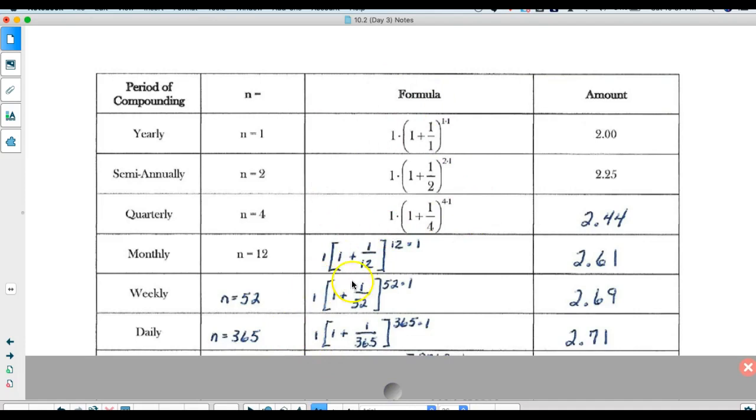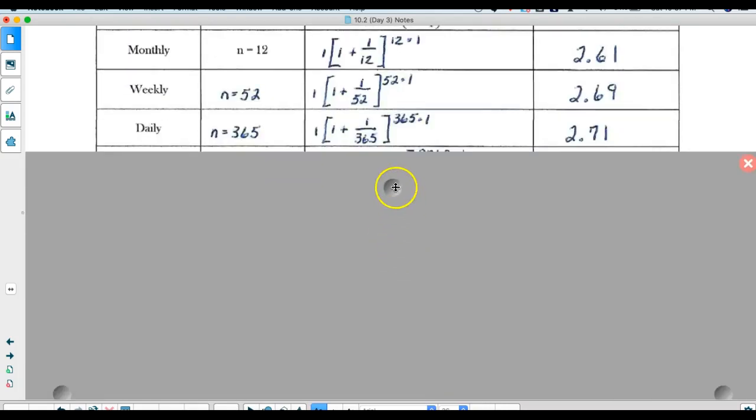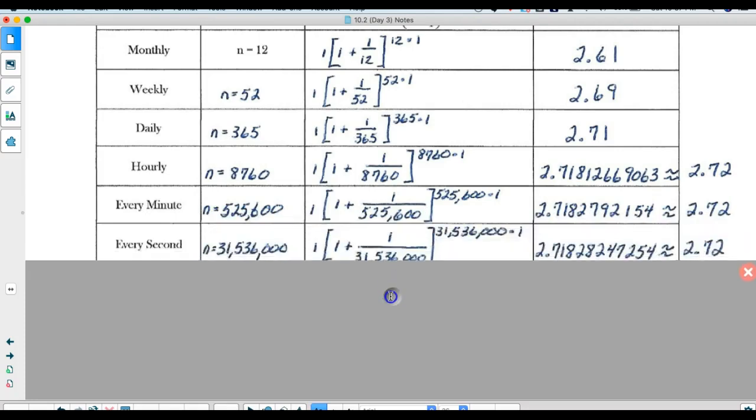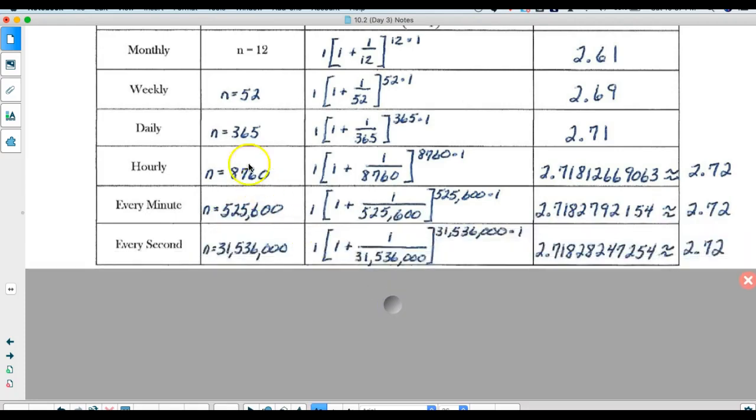We're just changing n. The amounts go from 2, 2.25, 2.44, 2.61, 2.69, 2.71. Then from daily, we'd get into hourly, minutes, and every second as time goes by.